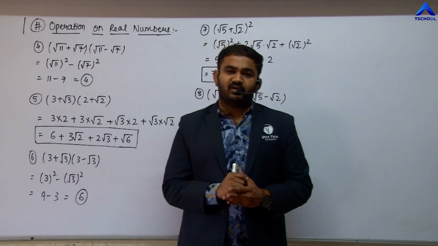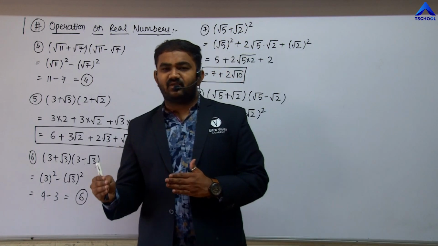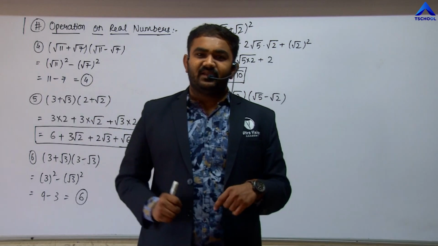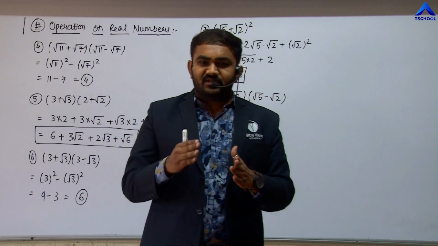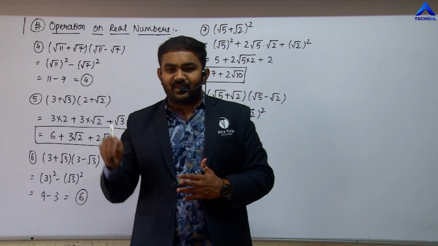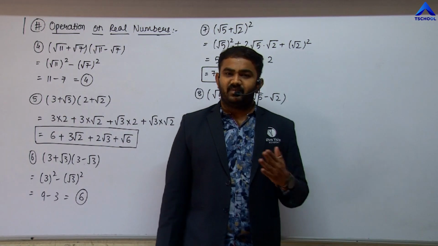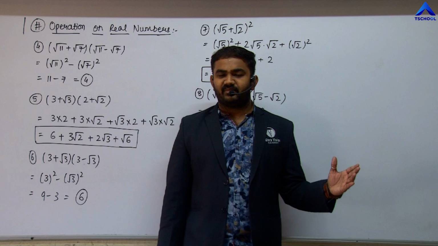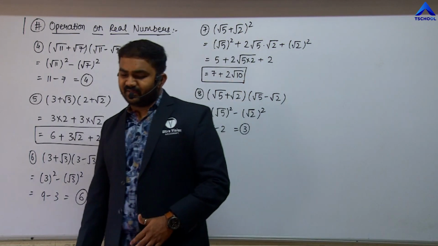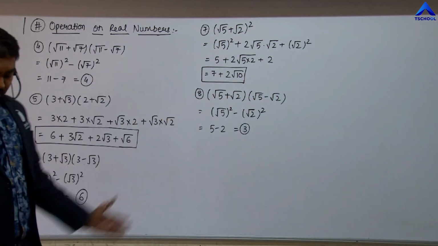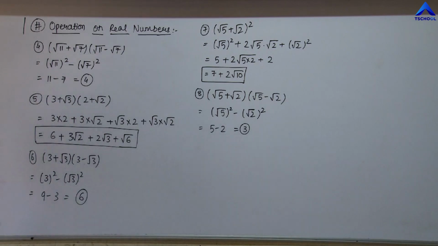The fourth one was square root of a plus square root of b whole square is equals to a plus 2 square root ab plus b. And the last one is a plus square root b into a minus square root of b is equals to a square minus b. So these were all the sums that were related to those 5 results, right?